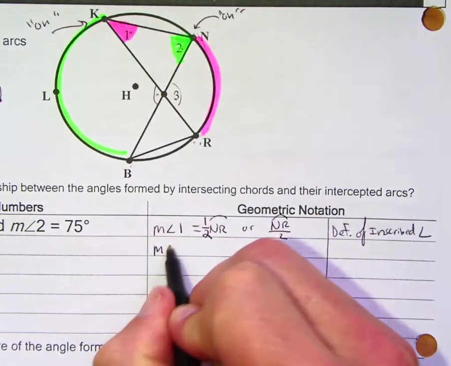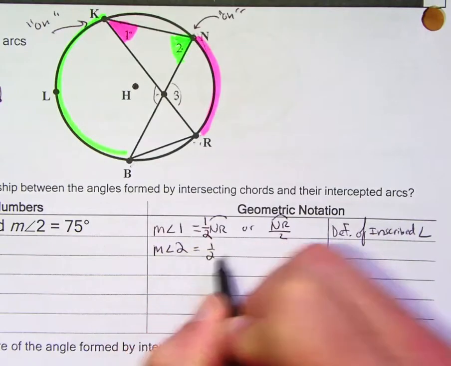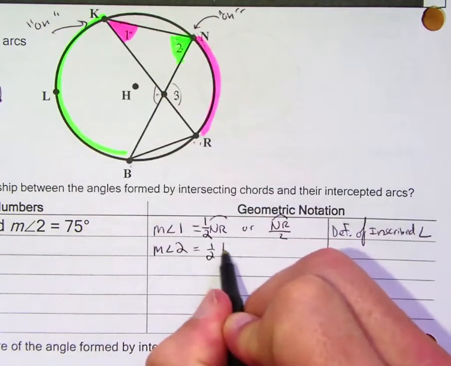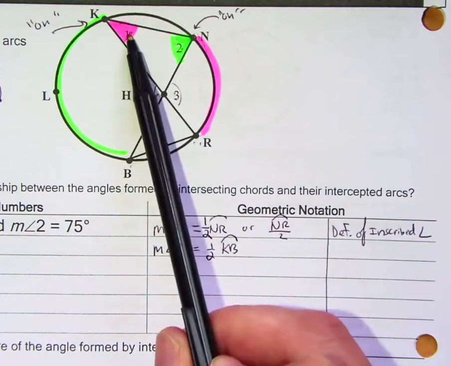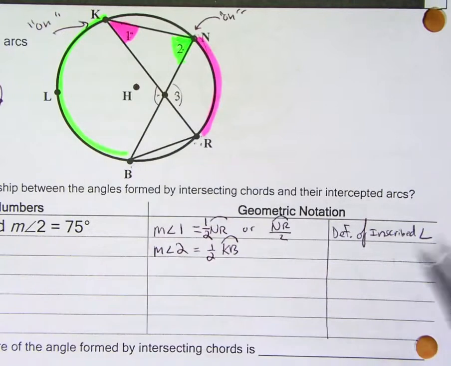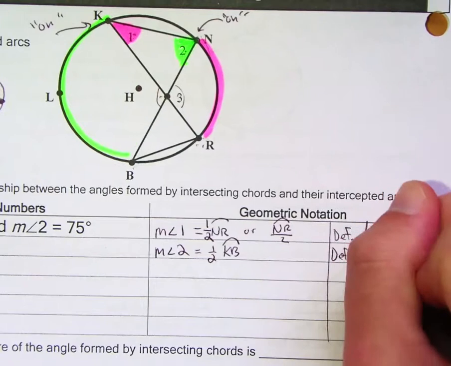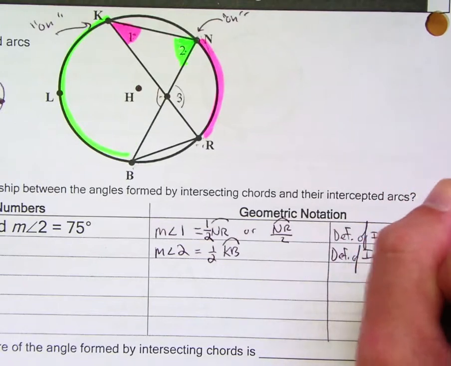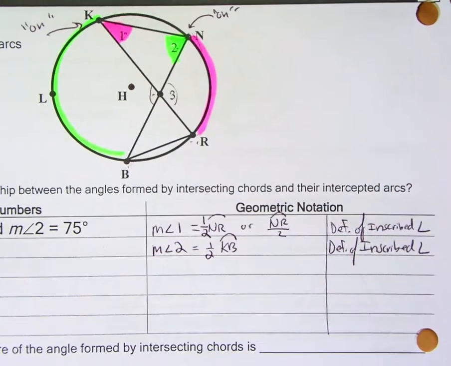I can do the exact same thing: the measure of angle 2 is equal to half of arc KB. Great, so I figured out this relationship. This angle is half of this, and this angle is half of that. I know that because they're inscribed angles, from the previous lesson.